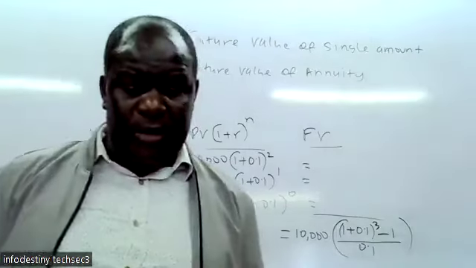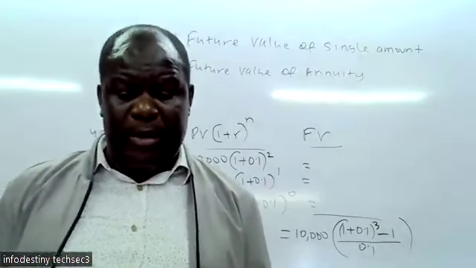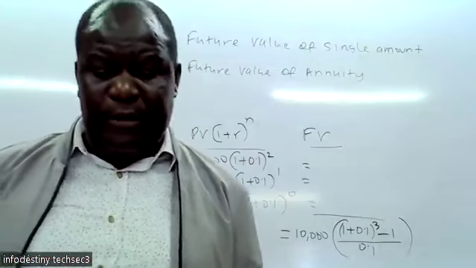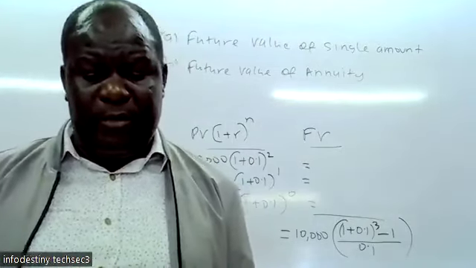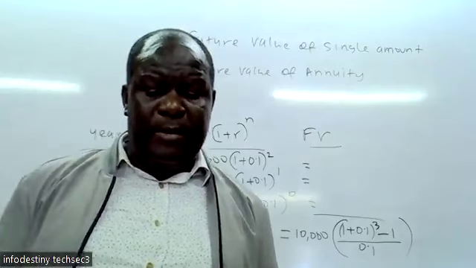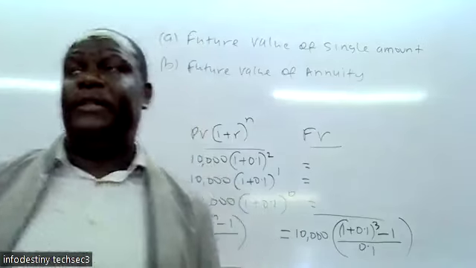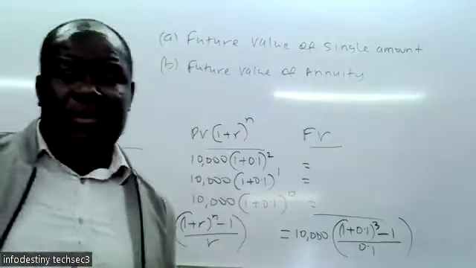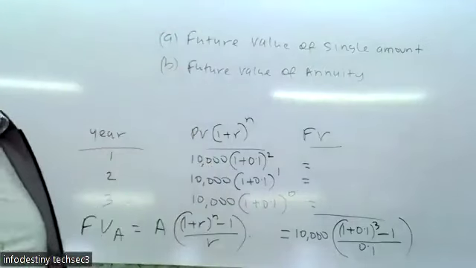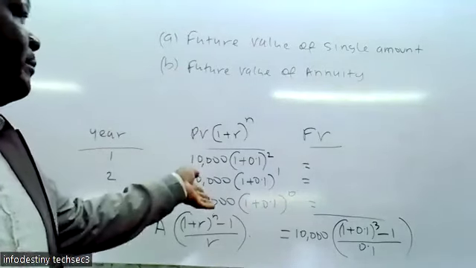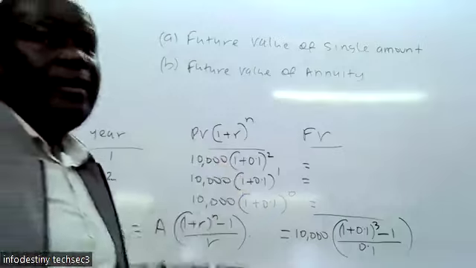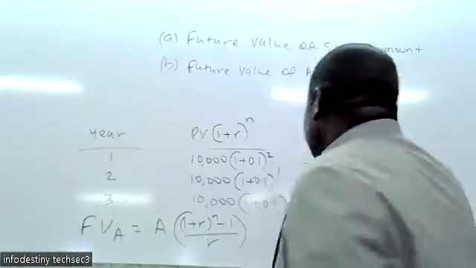So assuming that the investor in the example above was to receive the 10,000 at the beginning of each year, determine the future value of this annuity. When we determine the future value of that annuity, we follow the two items. So I still use this one.